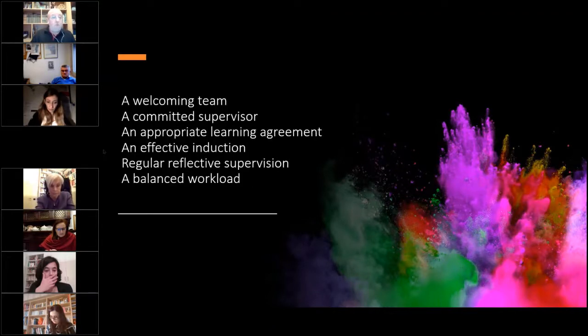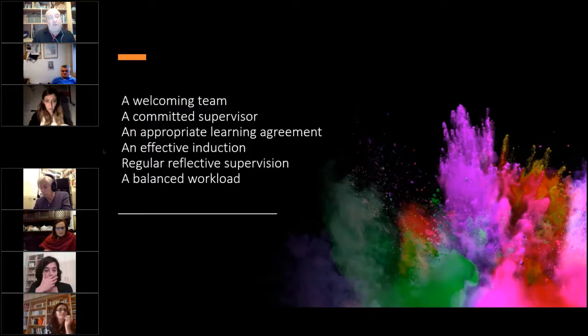And on the subject of workload as well, I think it's important that there should be opportunities for project work. It's common for supervisors to give students a certain number of cases for them to manage, either on their own or jointly with the supervisor or jointly with a supervisor's colleague.